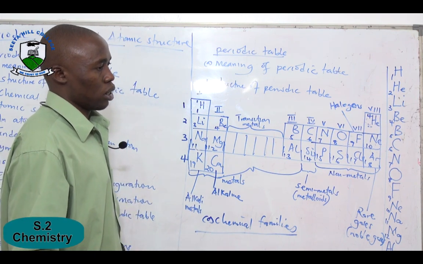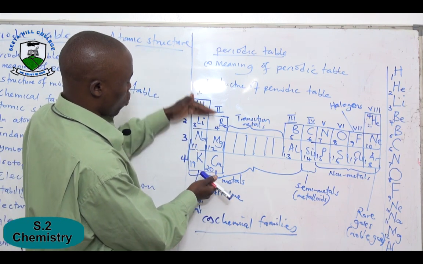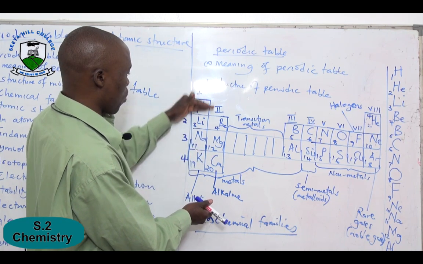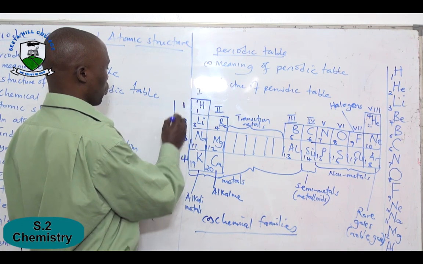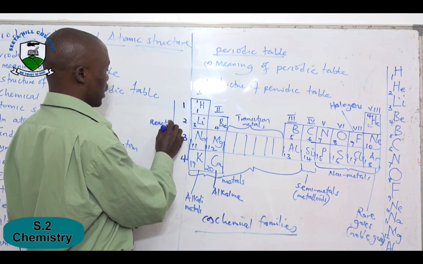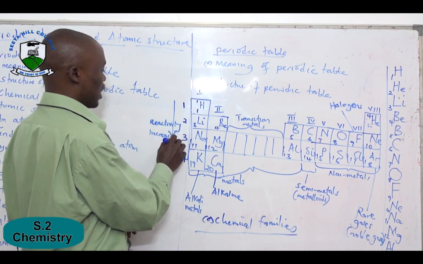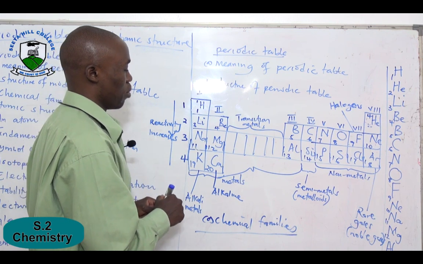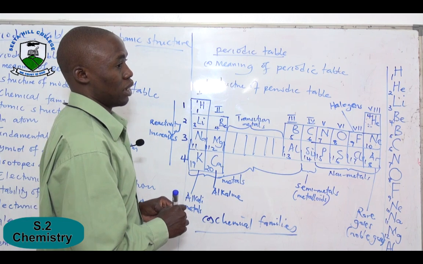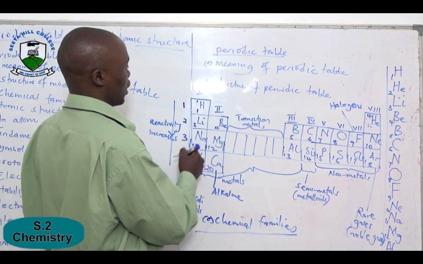See, let me overemphasize something here. From up to down, for metals, reactivity increases. That means you can say that potassium is the most reactive among group 1 elements. See that?